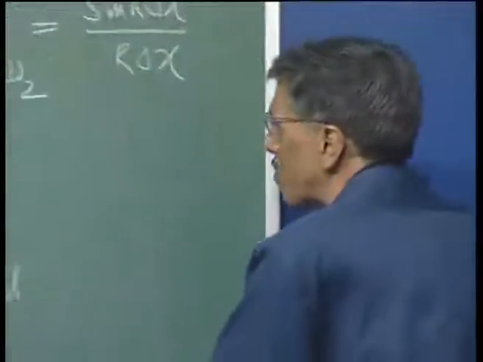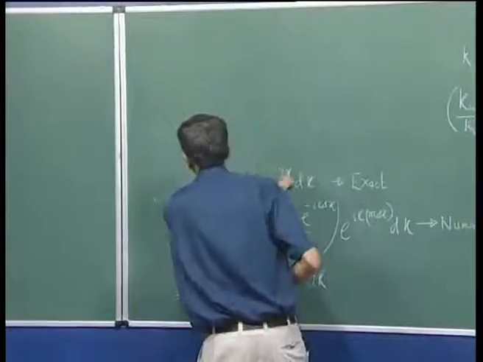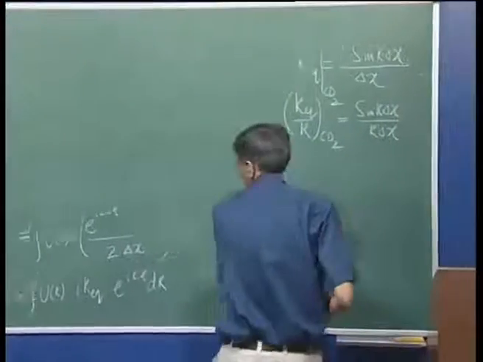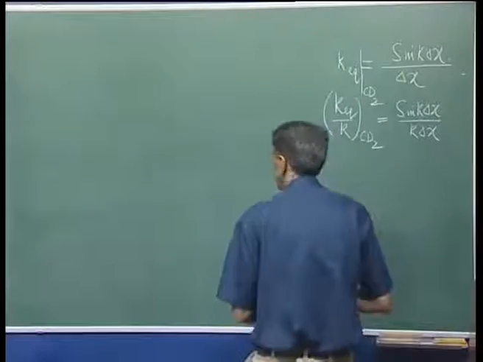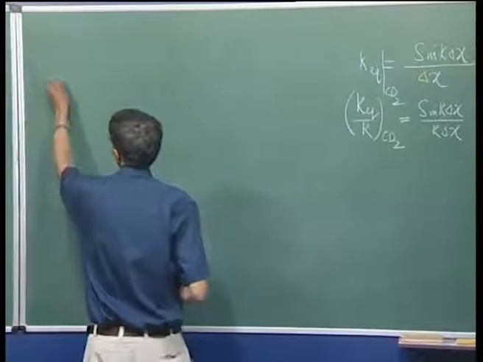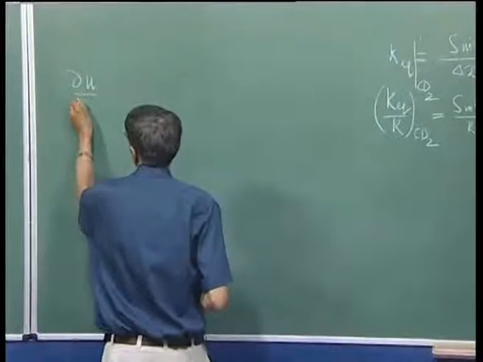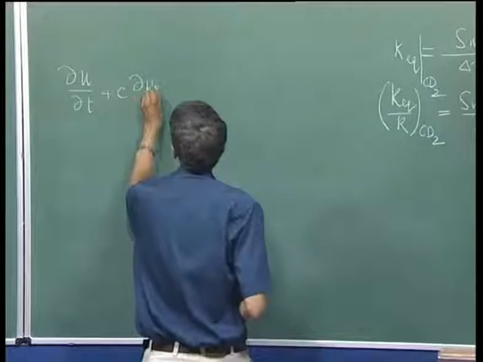Let me explain this somewhat better, because we are looking at a problem where our governing equation tells us that the signal is propagating from left to right, because c is positive.